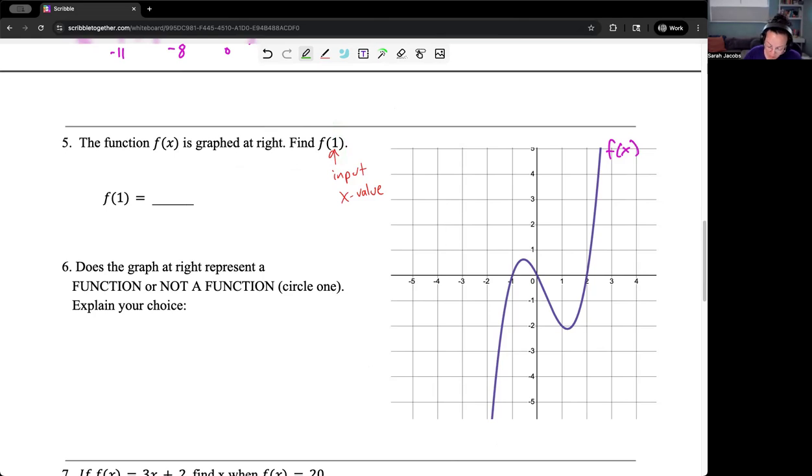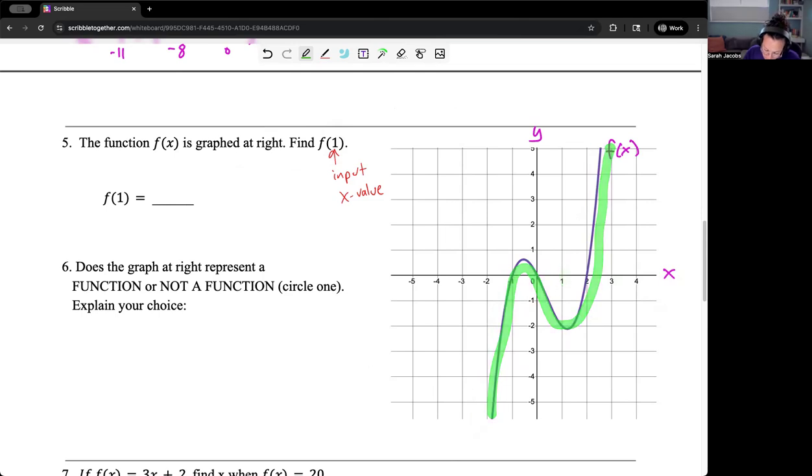So we're going to find on our x-axis where x is equal to positive 1. And that's right here. Now, what's a little bit funky is this graph curve, I think it's a cubic function. This cubic function doesn't go through exactly this spot. So what we're looking for here is when x is 1 on this blue line.